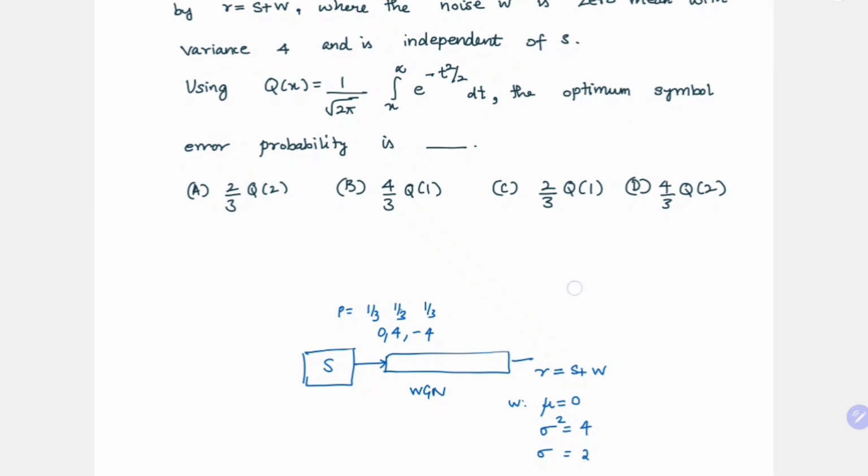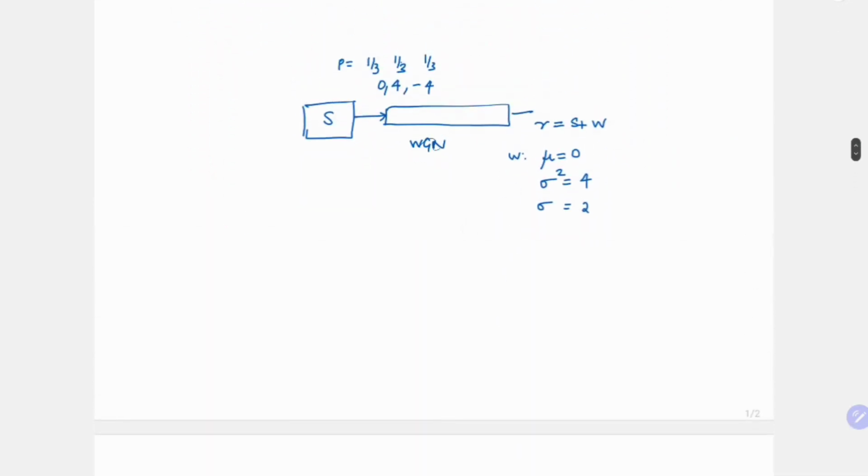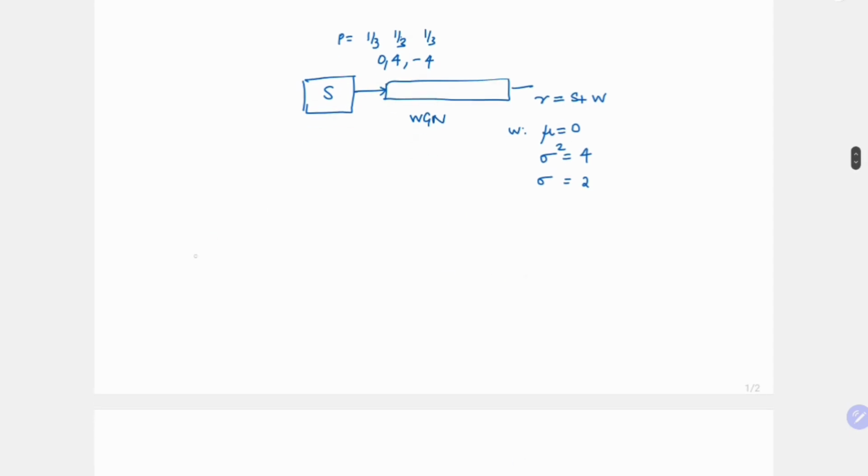So here again, before starting, we'll understand a few of the terms. The first one is white Gaussian noise. This we already explained in the previous video. Now to come to the Gaussian noise, the distribution is actually a Gaussian.